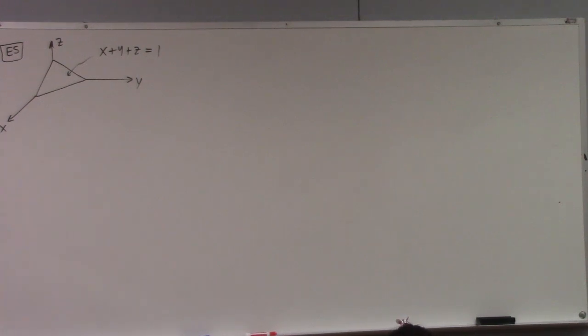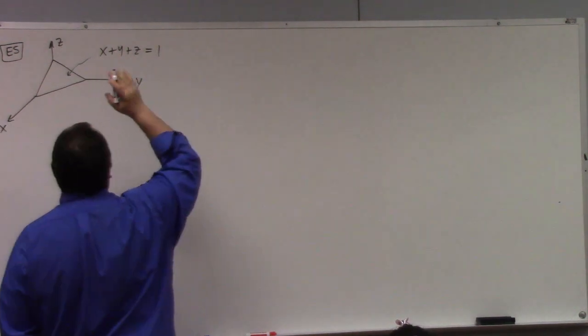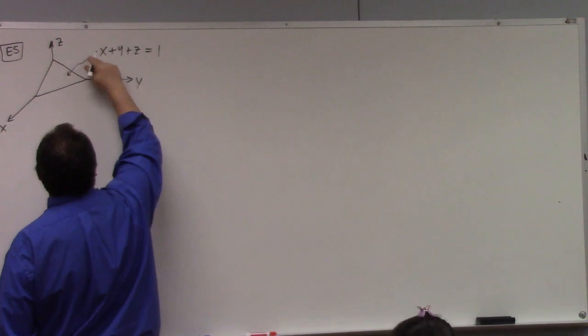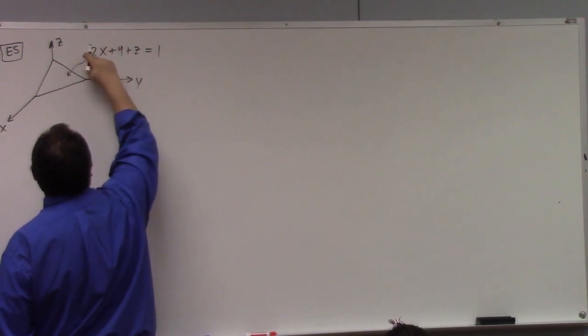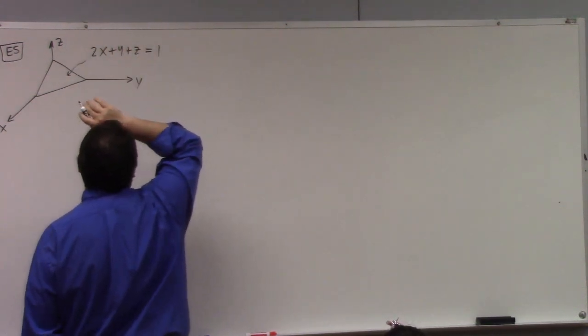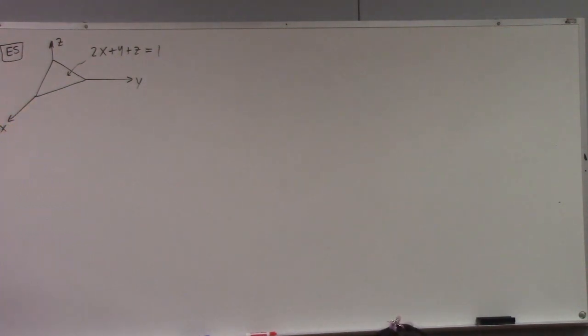Let me disturb that slightly, just so it's more interesting. Let us make it 2x plus y plus z equals 1. If I do that, that's a more interesting plane.